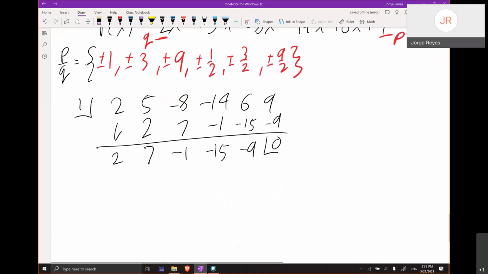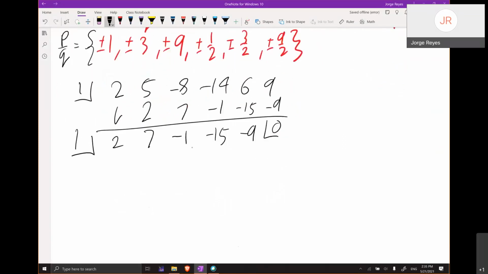I'm going to try and find another rational zero right away. I'm going to guess 1 again, because 1 could have multiplicity. A really bad mistake students will make is that just because they know 1 is a 0, they will never guess 1 again, and then they'll get stuck. You should guess 1 again because it could have multiplicity.